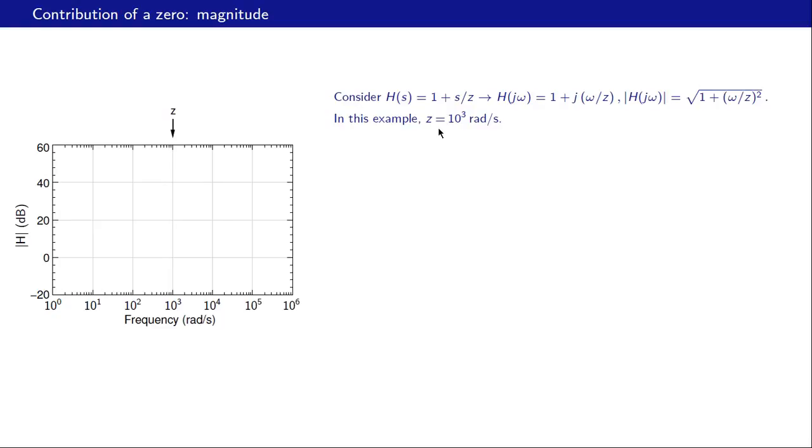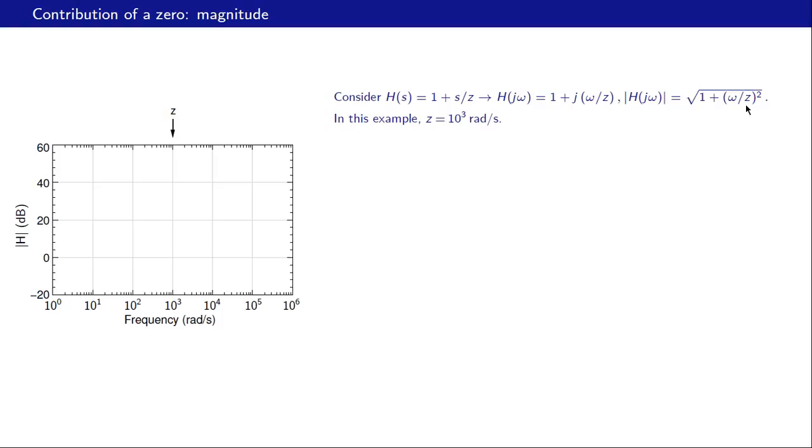Now, as before, we will plot mod of h in dB on a linear scale versus omega in radians per second on a logarithmic scale, as shown here. We can rewrite h of s as h of j omega equals 1 plus j omega by z, and from that we obtain the magnitude of h as the square root of 1 plus omega by z squared.